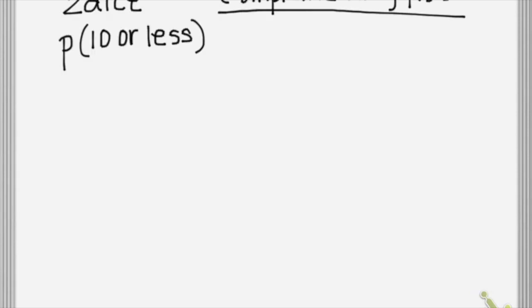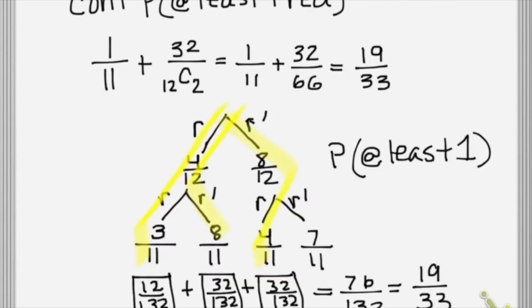All right, so let's see if we can get in one more idea here, and this is the idea of the complement of an event. This is complementary probability. I'm going to go back to the 2 dice. I'm going to say, what's the probability that I get a 10 or less? It's the same as the previous page, where I was doing the sum of probabilities.